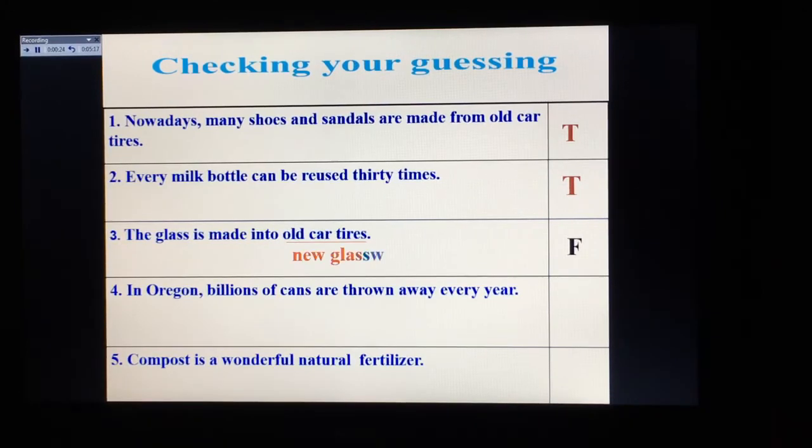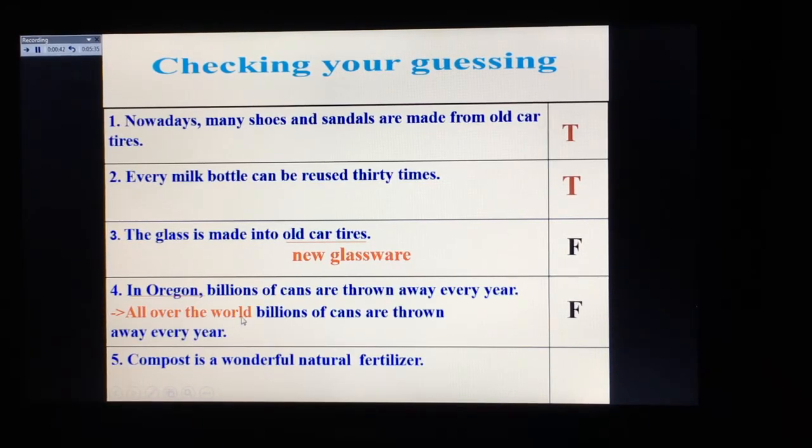Which false? Yes. The glass is made into new glassware, not old car tires. And number 4, in Oregon, billions of cans are thrown away every year. Is it true or false? It is false. Which false? Yes, all over the world, not only in Oregon. And number 5, compost is a wonderful natural fertilizer.